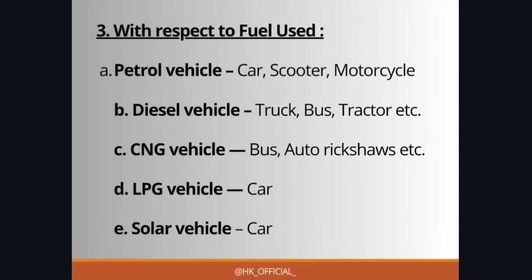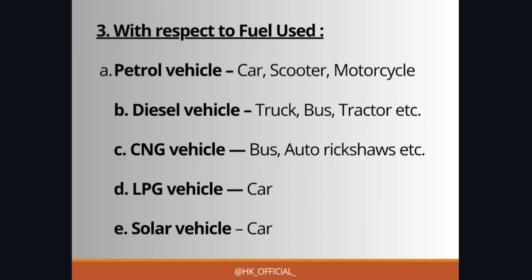Now the third category is with respect to fuel used. It is very simple. We all know the fuels which are used: petrol, diesel, CNG, LPG, solar. You can also write two examples in front of them. First is petrol vehicle: car, scooter, motorcycle, etc. are working on this fuel.